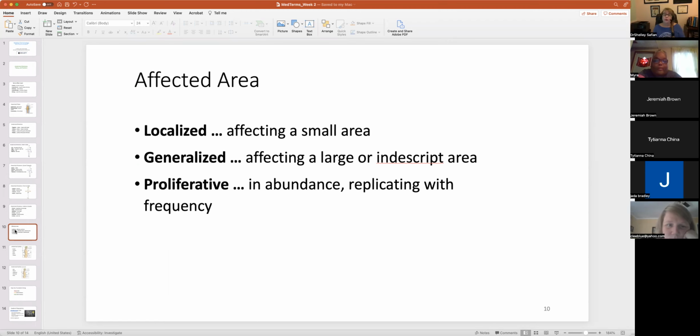And then proliferative, if you know somebody who has proliferative metastatic cancer, go visit them very quickly. Proliferative is replicating with frequency throughout the body.